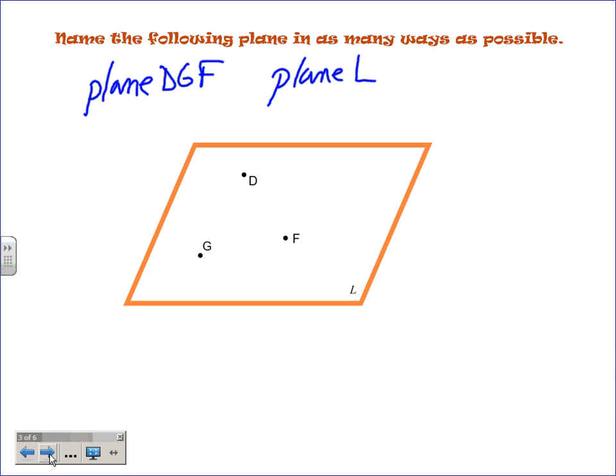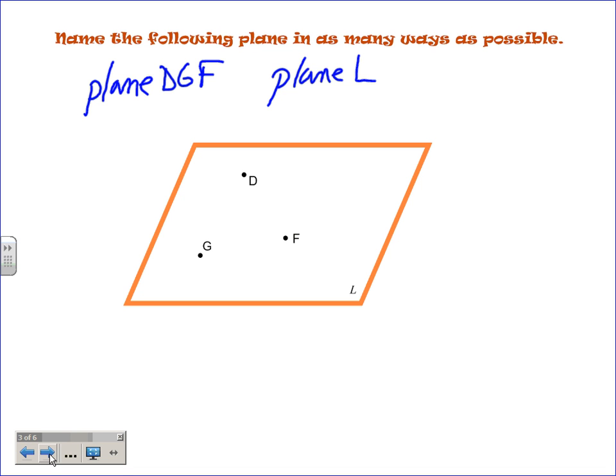So it's not enough. But if I say DFG, then do you know for sure which one I'm talking about? Yes, you do. Or let's say I had DF, and maybe there's a W right out here where I'm pinching my fingers. If I said DFW, then do you know which plane I'm talking about? Then you do. You know I'm not talking about this one that's on the smartboard, but the one that's coming off on this sheet of paper. Okay? And so that's why you need 3. Because planes can cut in there in so many different ways, you need to make sure that you know which one's being talked about. Okay?